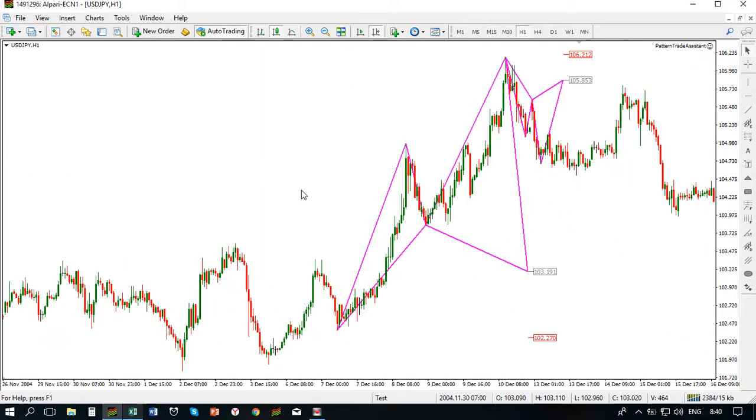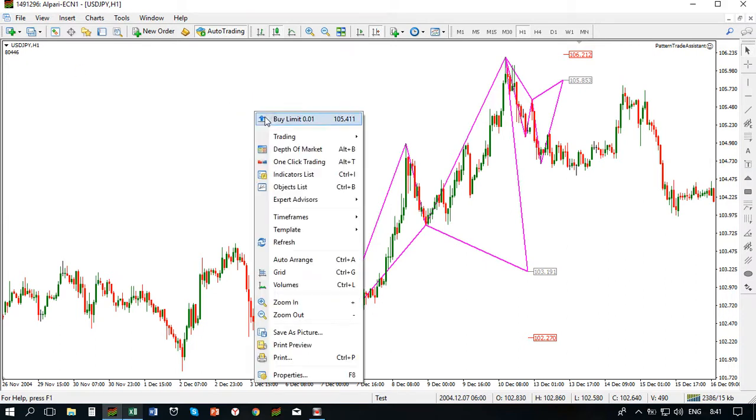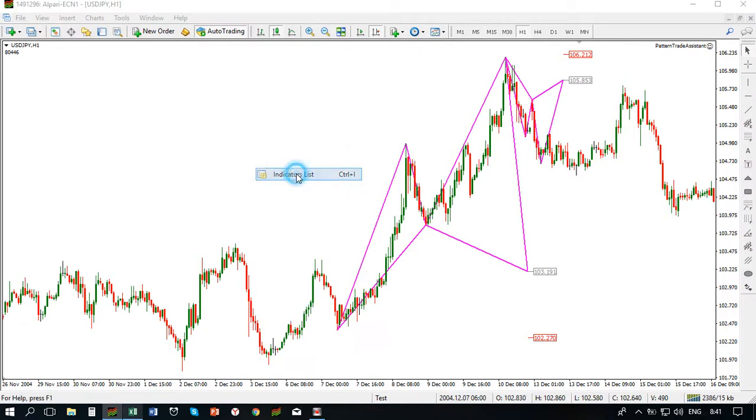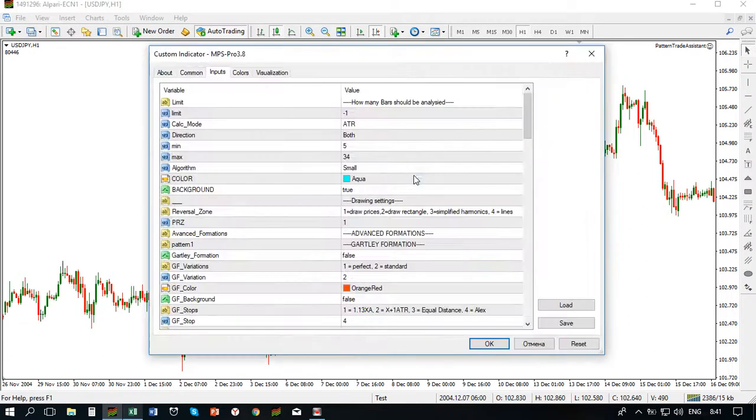Let's find the number of the bar. It is 80.44.6. Let's go to our indicators and release some RAM. 80.44.6. Not to analyze all the bars, not to scan them all.